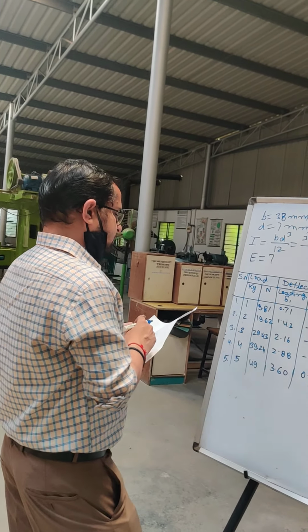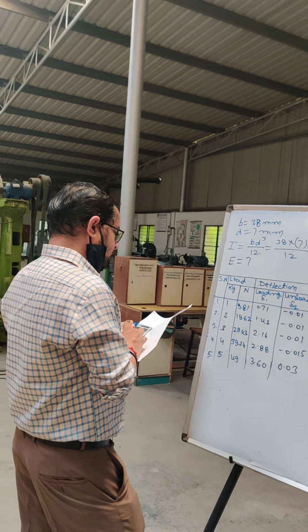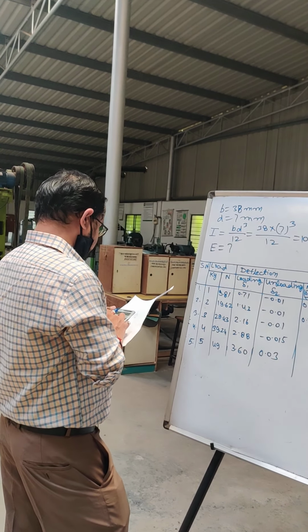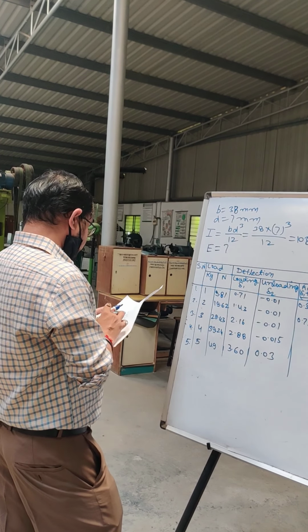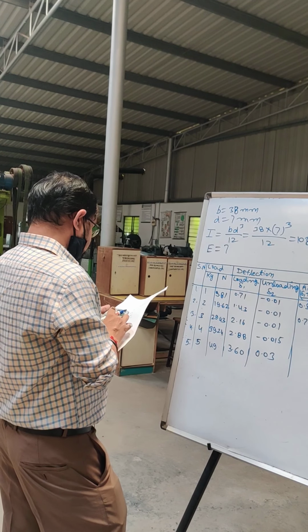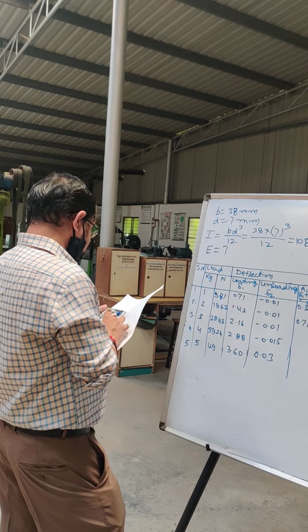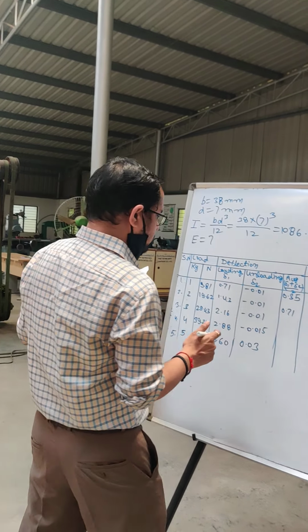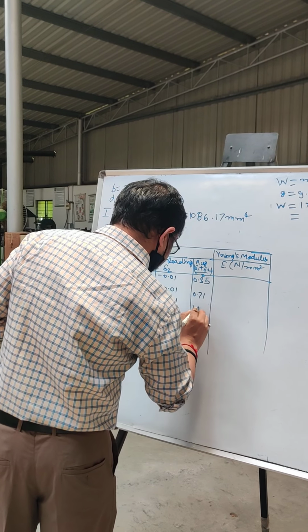Next, 2.16 minus 0.01, answer divided by 2, that is 1.075 mm.